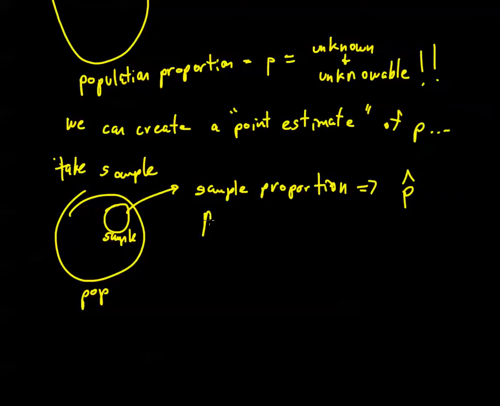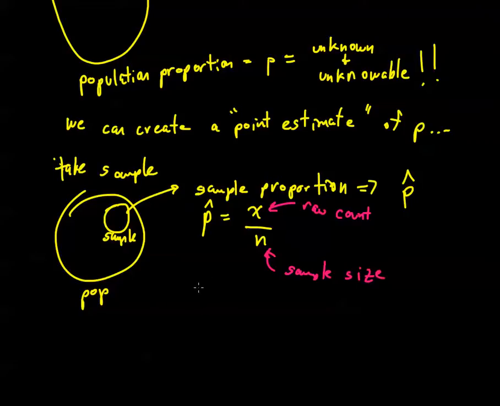Alright, now p hat is defined as a raw count with some characteristic of interest divided by the sample size. So let me make a little note here. X would be our raw count of items in the sample with some desired characteristic, and n, lowercase n, of course, would be our sample size. Okay?